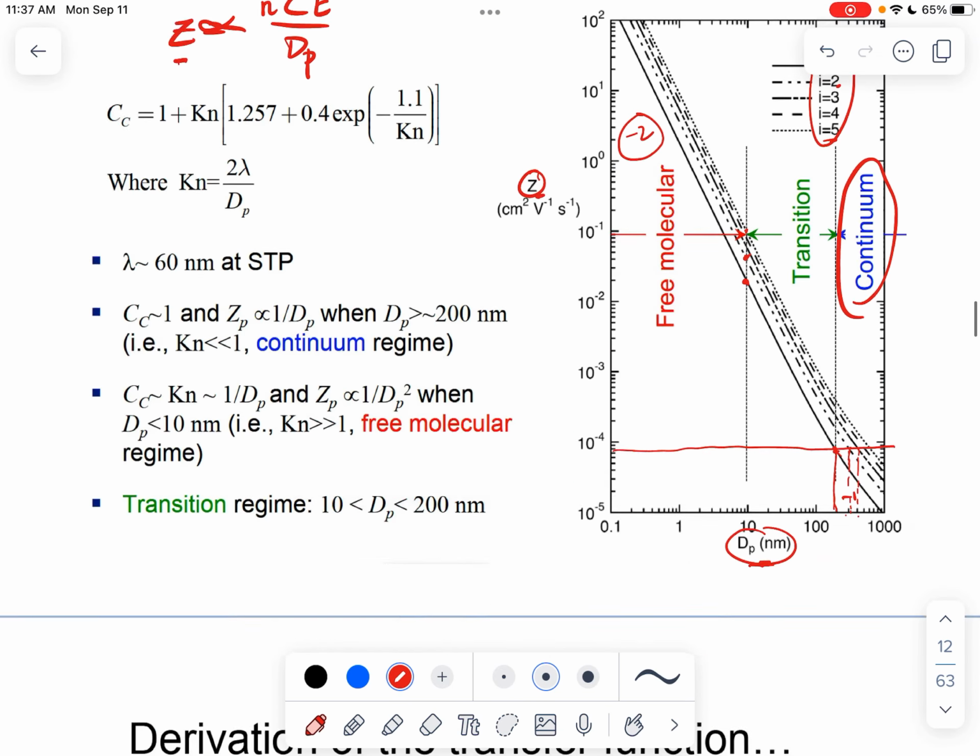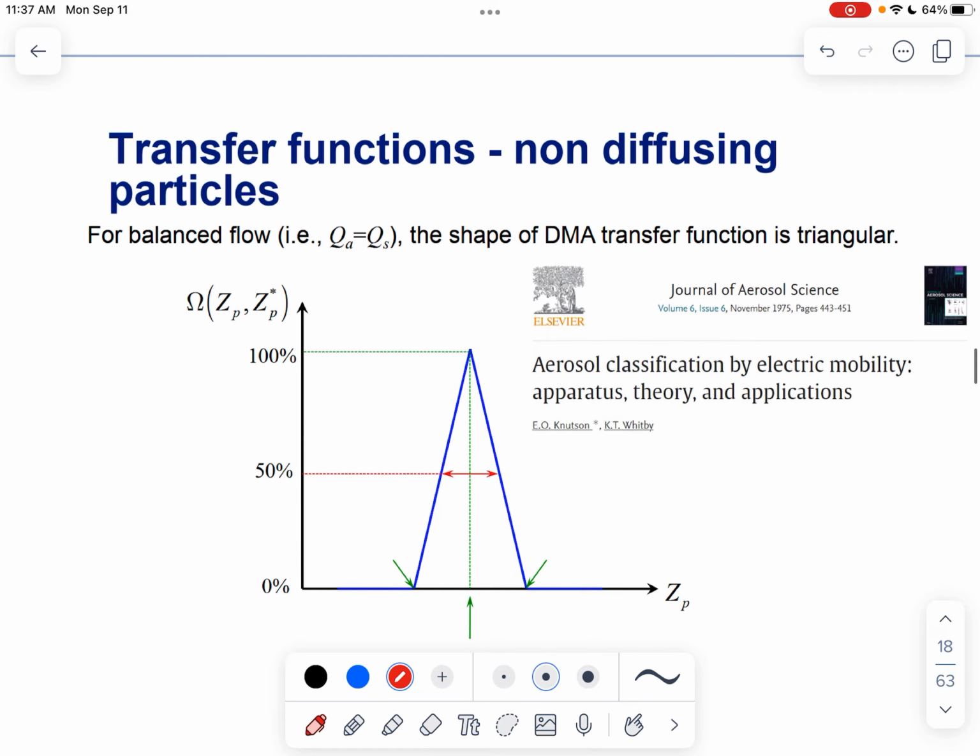On that, there has been some analysis, and I recommend you read this Knutson and Whitby paper from 1975. Here I also have the title page of this paper. It's over, let me see. Oh, it's over here, right? I would say this is what I would call the Bible of the SMPS system, right?